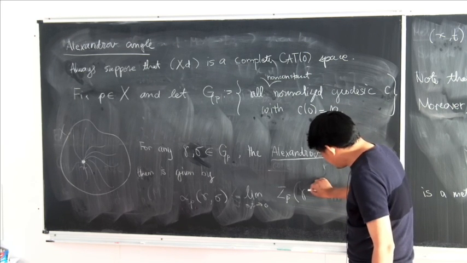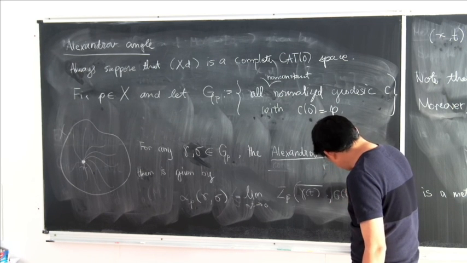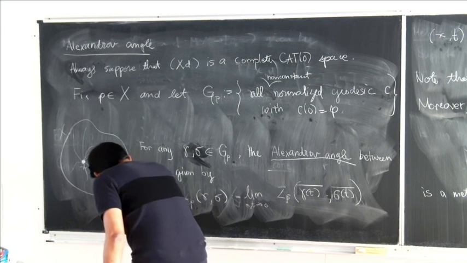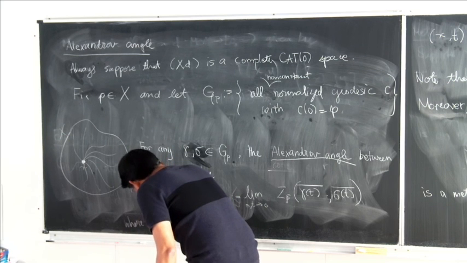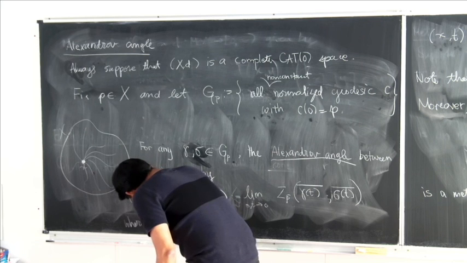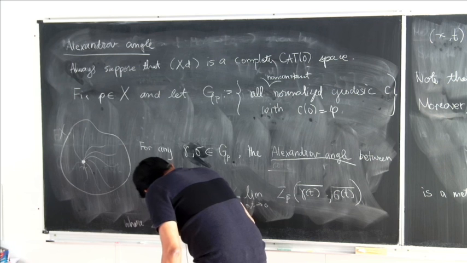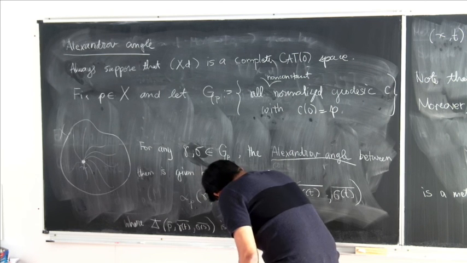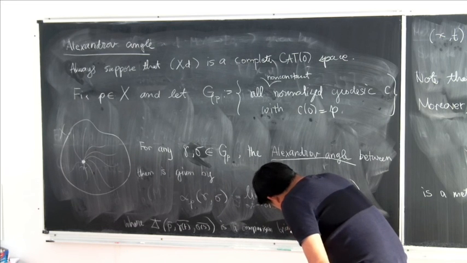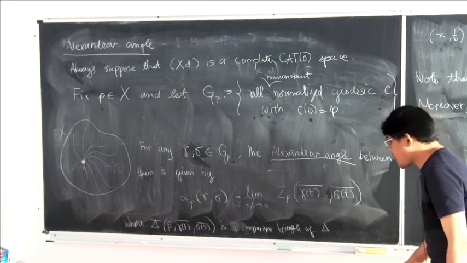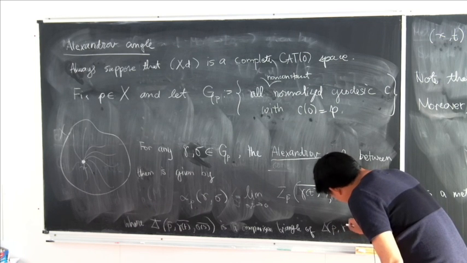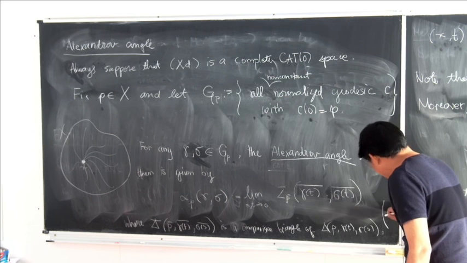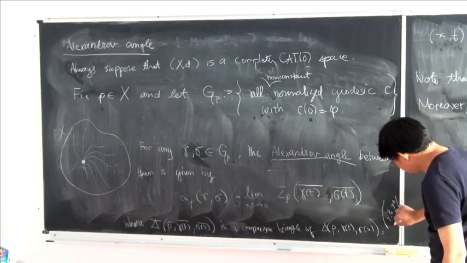Gamma T bar and sigma S bar, where the triangle P bar, gamma T bar, and sigma S bar is a comparison triangle of the triangle P, gamma T, and sigma S. And we have to make the assumption that S and T are positive.